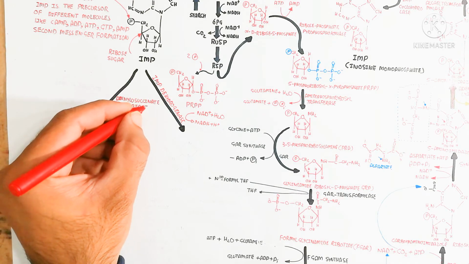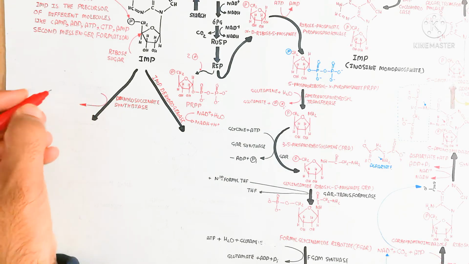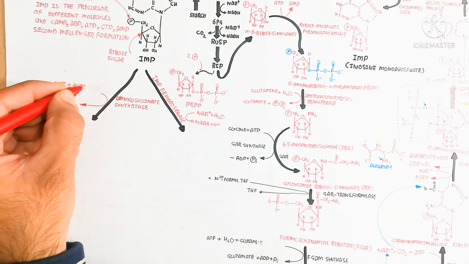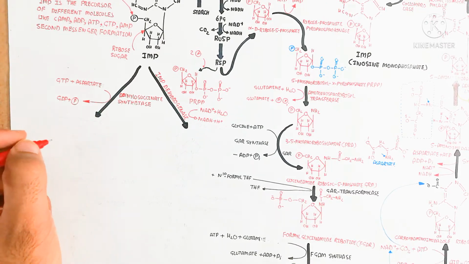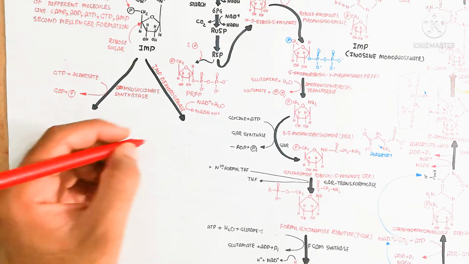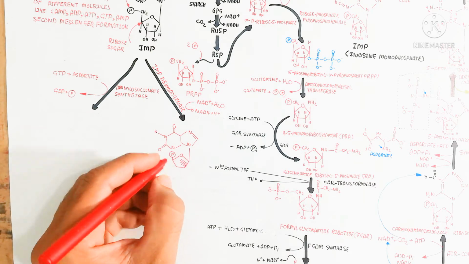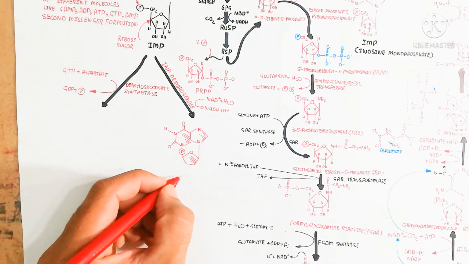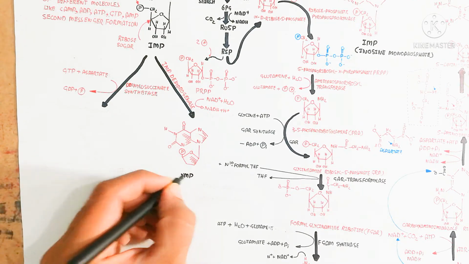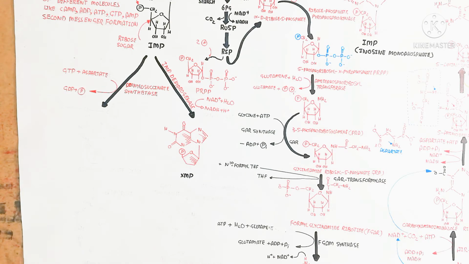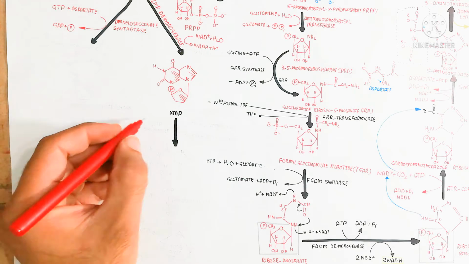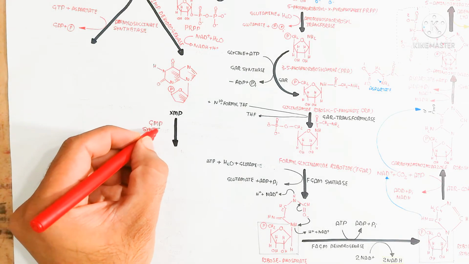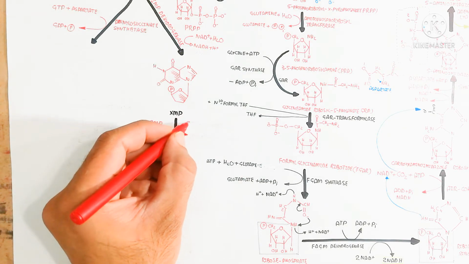On the other hand, the adenylosuccinate synthetase enzyme is used, and GTP and aspartate are used in another way to produce adenylosuccinate, which the lyase enzyme acts on. Here the XMP will be formed.